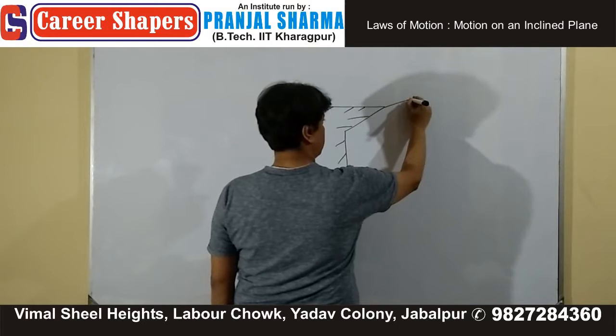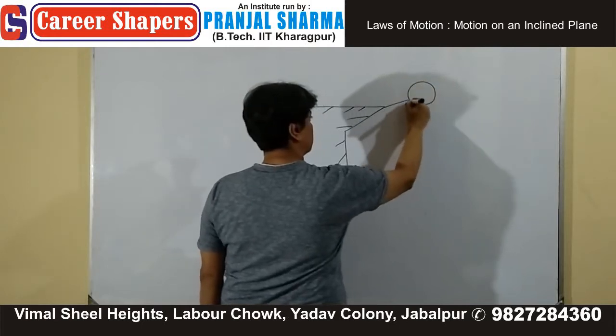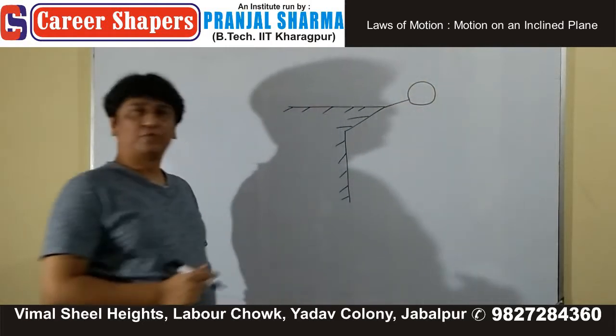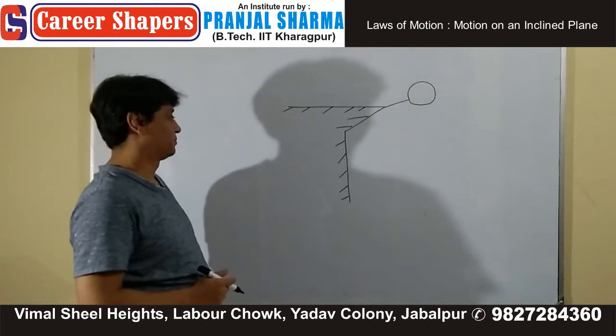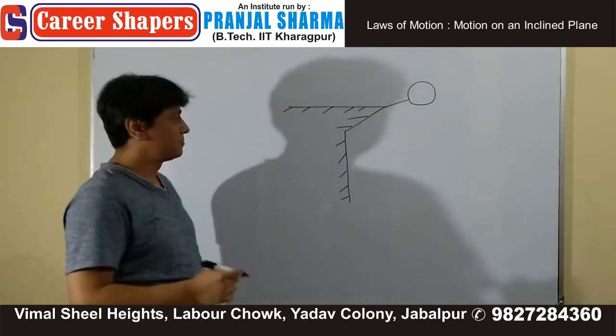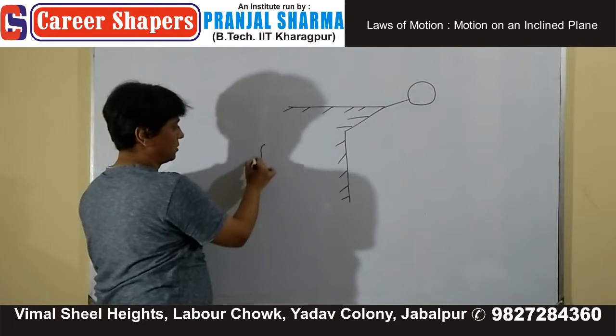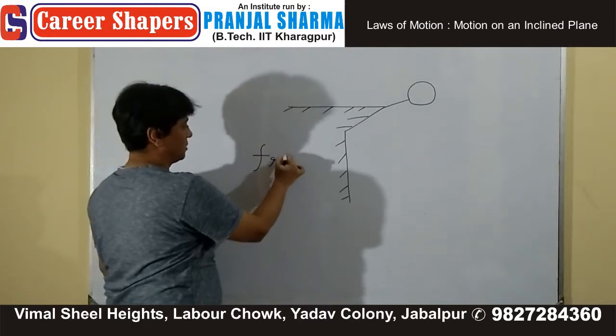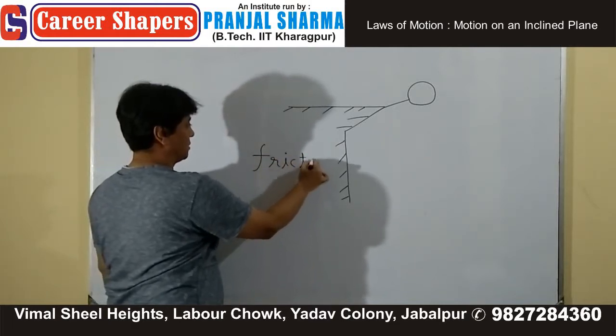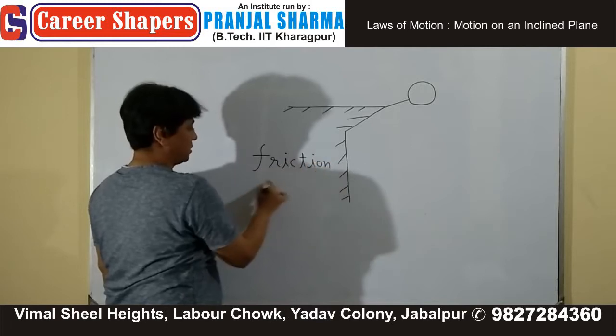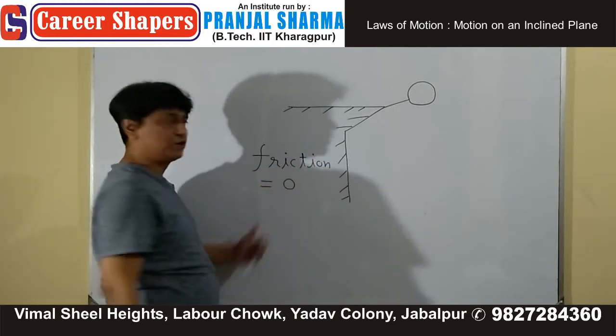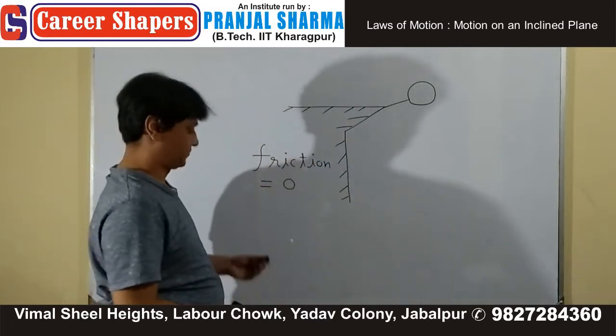And at this end, we have a frictionless pulley. There is no friction anywhere. Friction is zero, it's not present.